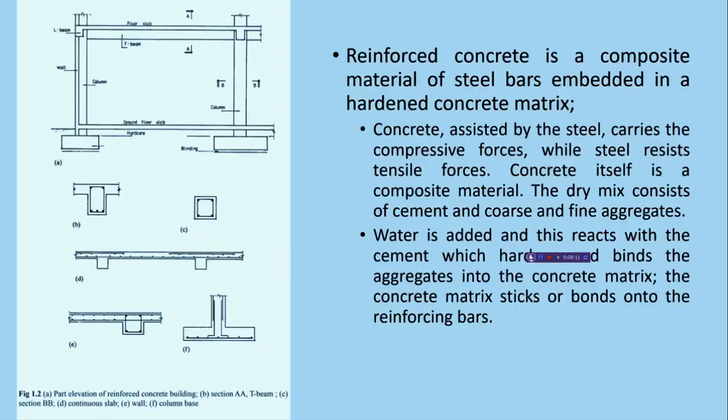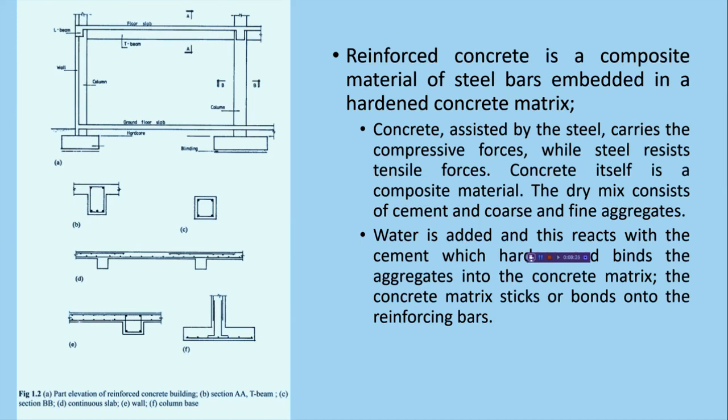So next here, reinforced concrete is a composite material of steel embedded in a hardened concrete matrix. Nama dia pun dah reinforced concrete. So it is a combination of two materials. Composite lah sebab dia ada combination which are steel bar and also concrete.